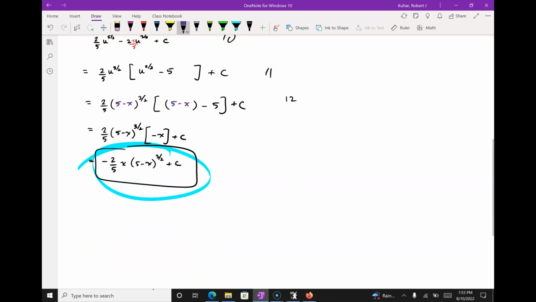What's my first function in the product? Negative 2/5 x. What's the derivative? Good. Second function is 5 minus x to the 3/2. Derivative is 3/2 times 5 minus x to the 1/2 times a negative 1, right?